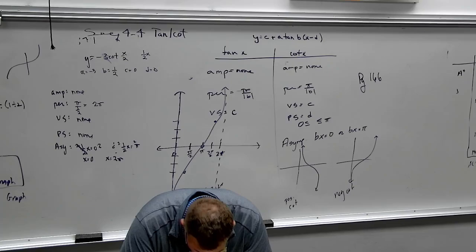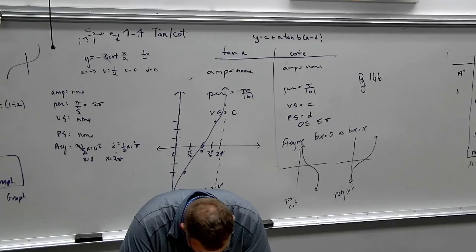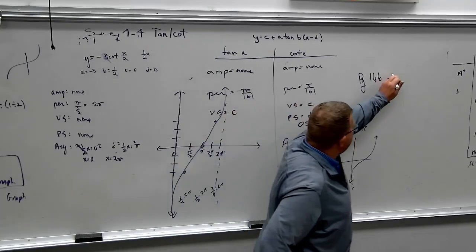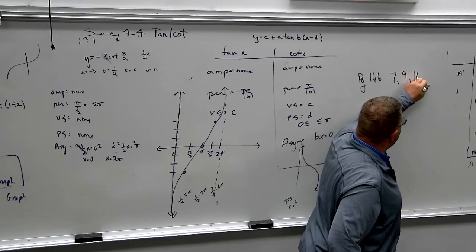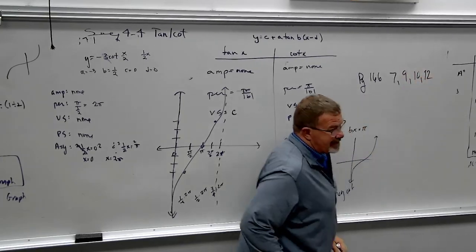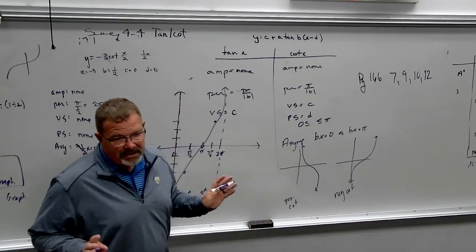166. I think I was hoping to do like 6 of these, like 3 tangents and 3 cotangents. So let me look. We're going to do 7, 9, 10, 12. Let me write that down. These are like as easy as they get. There's no vertical shifts, nothing like that.